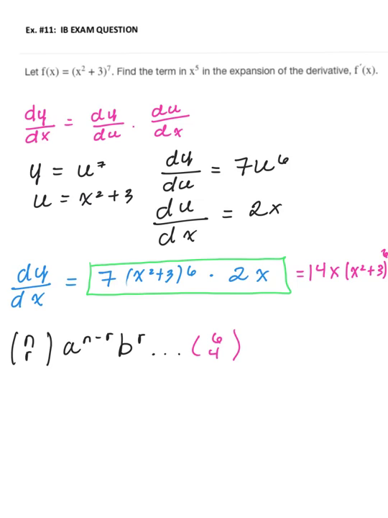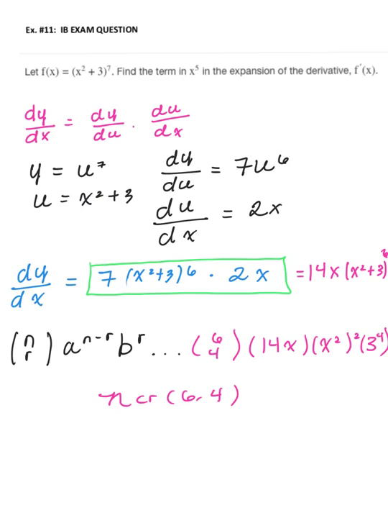Now that I went through that long explanation, and you can stop me and have me re-explain it again if you need me to. So I have 14x, and then I have that x squared, because that's 6 minus 4, right? And then I have times the 3 to the 4th. So remember, you can plug this in your calculator and see 6 C 4, and that's under your statistics option.